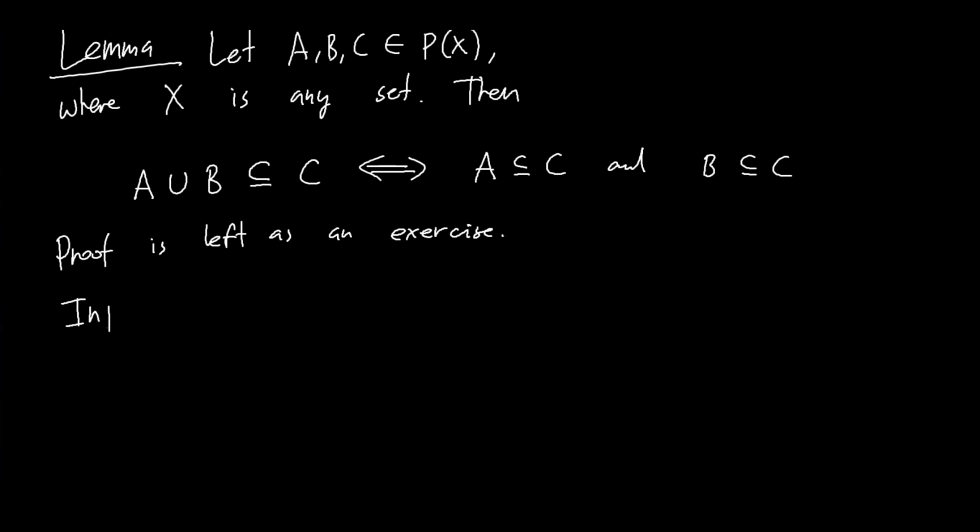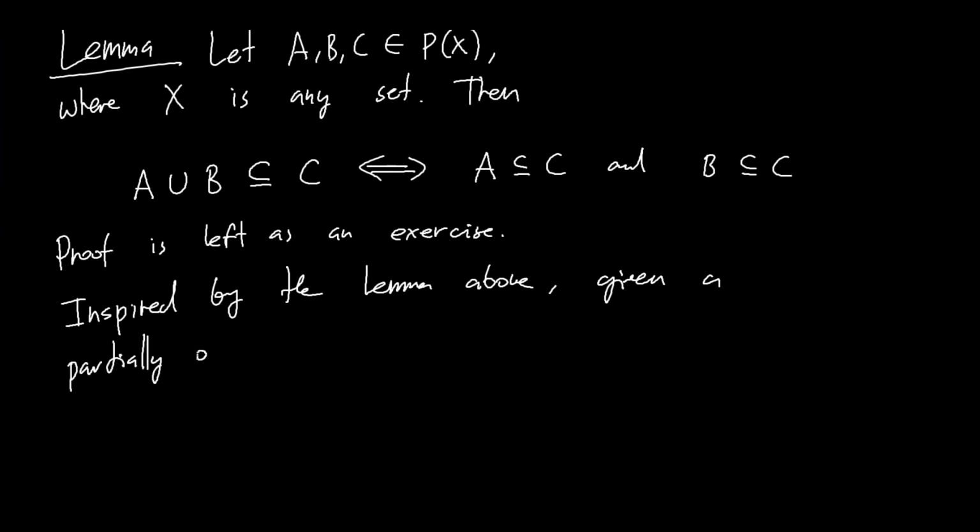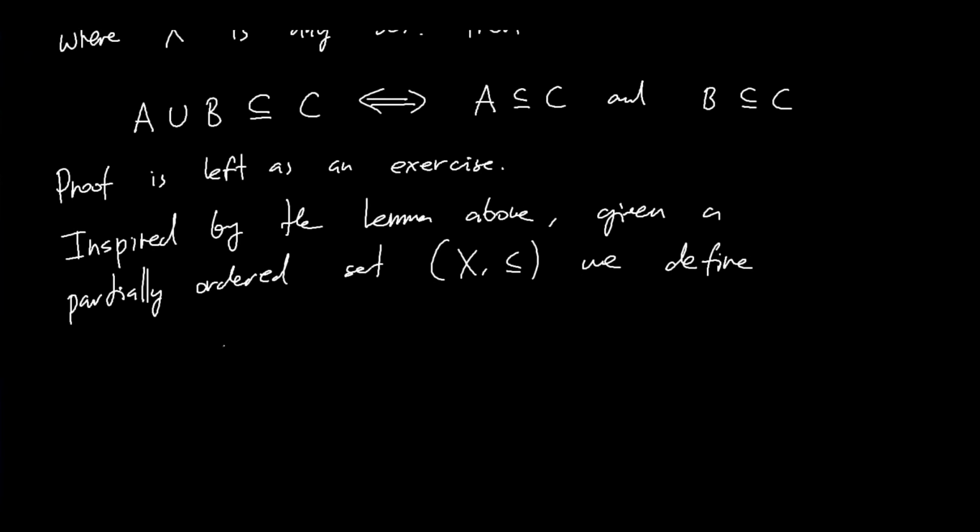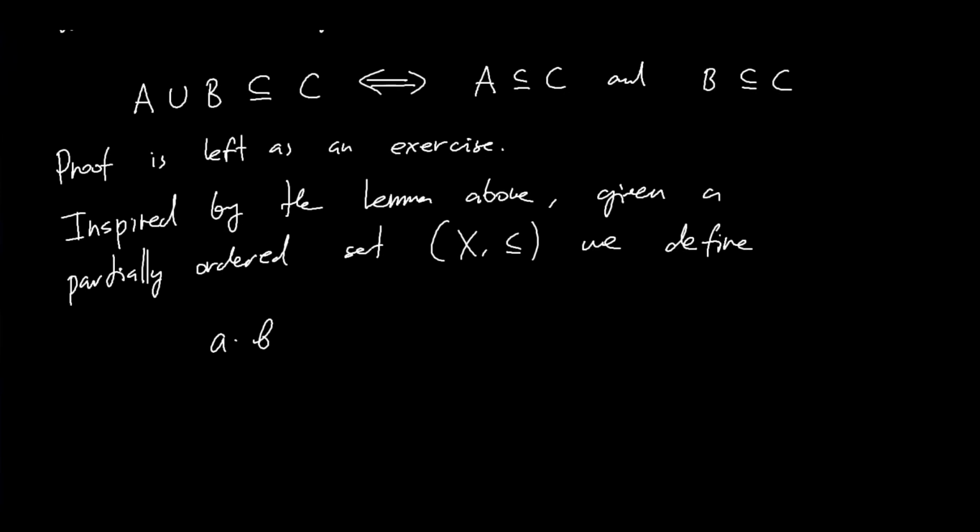And we can say that, inspired by the lemma above, given a partially ordered set X with less or equal, we define a binary operation, A times B, to be such an element of X. Well, maybe I will say it in a slightly different way.